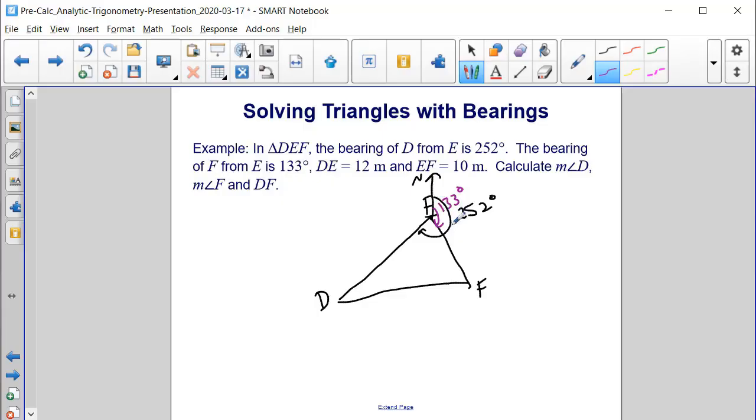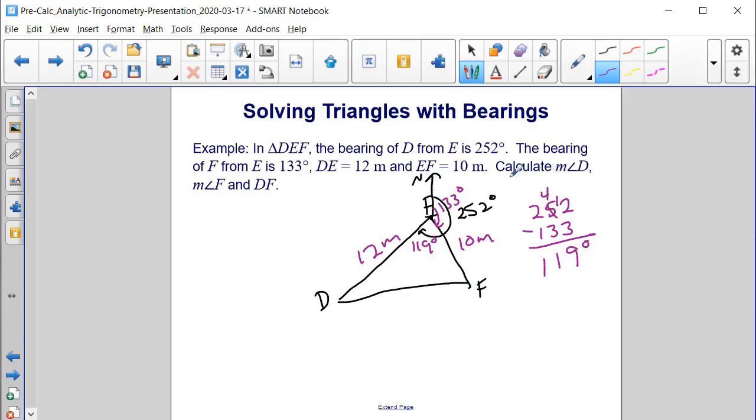We can use both of these bearings to determine the measurement of angle DEF. So if I do 252 and I subtract 133, I end up getting 119 degrees for the measurement of angle E. We're also told that DE is 12 meters and EF is 10 meters.